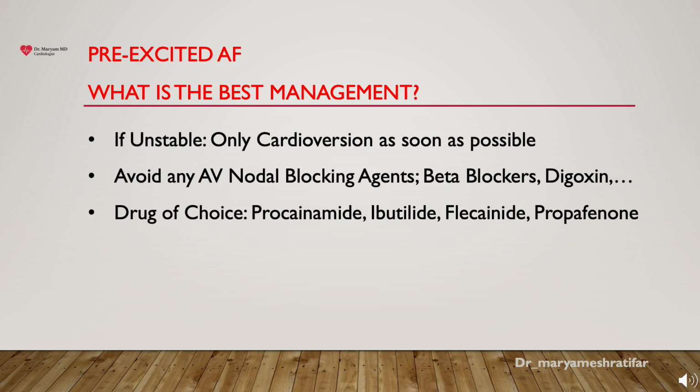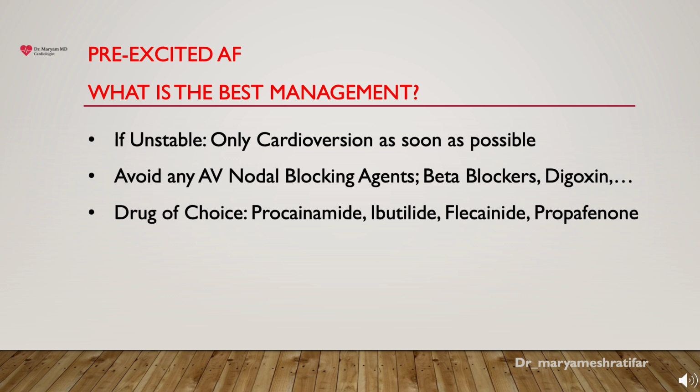Some notes about cardioversion. In the past, a stepwise approach starting from low voltage shocks was recommended. However, recent guidelines suggest that in pre-excited AF, cardioversion should be performed with high voltage from the beginning.